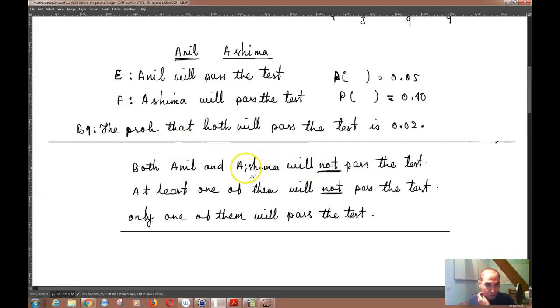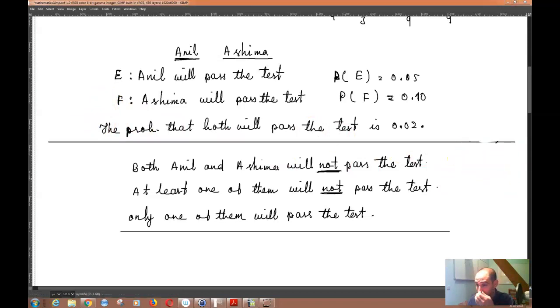And now if that is the case, then P of E is equal to 0.05 and P of F is equal to 0.10, and I'm going to just forget about this right now, right?